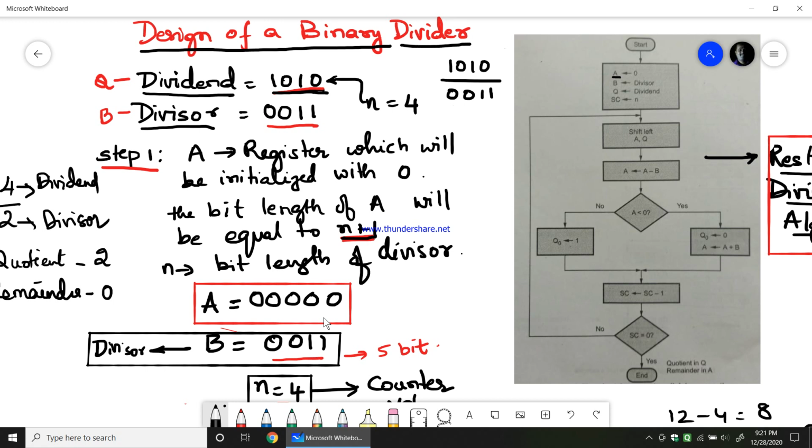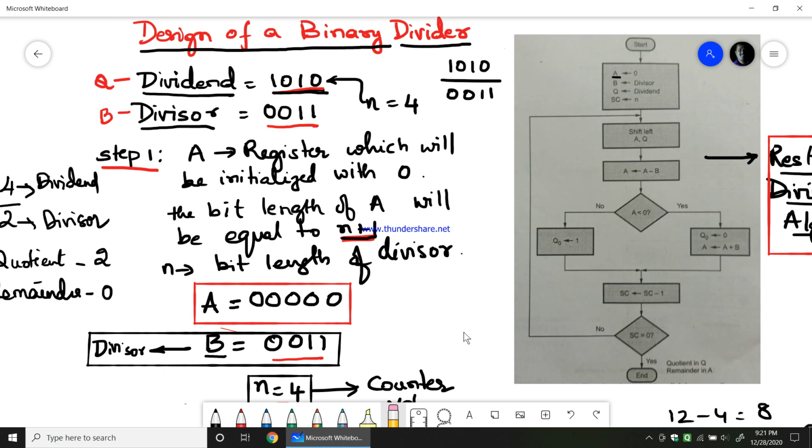Now I am going to assign the register B for the divisor. Register B is where my divisor is stored, so B is stored with the divisor value 0011.